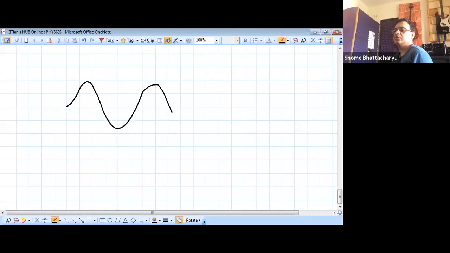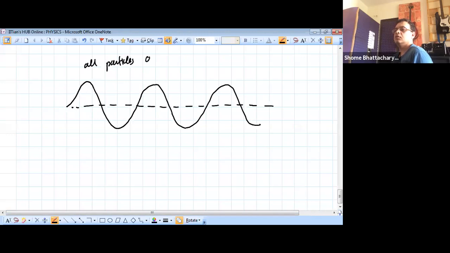At some particular instant of time, say the string is like this, where at the antinodes, all particles are simultaneously at extreme positions.